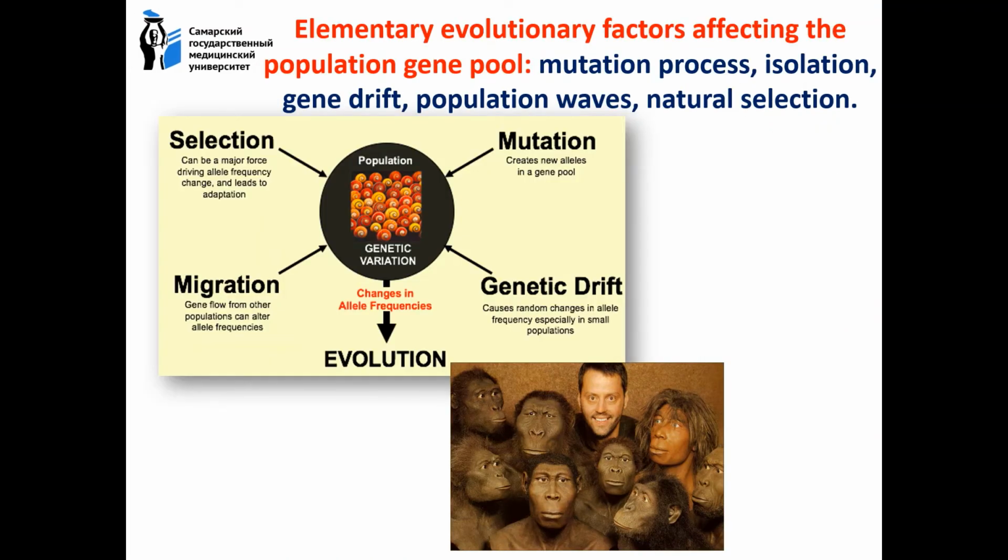The elementary evolutionary factors affecting the population gene pool include the mutation process, isolation, gene drift, population waves, natural selection. Well, let's speak about all these factors.